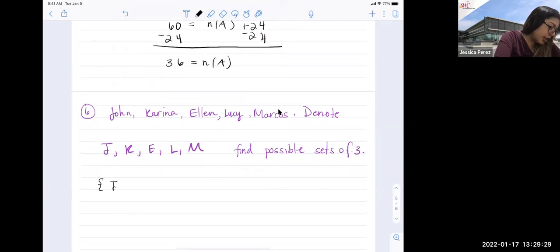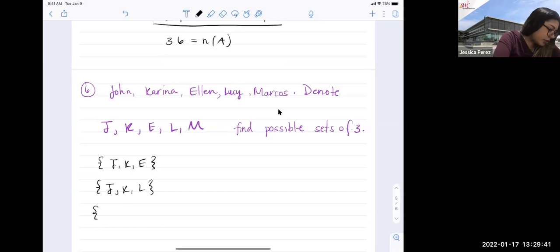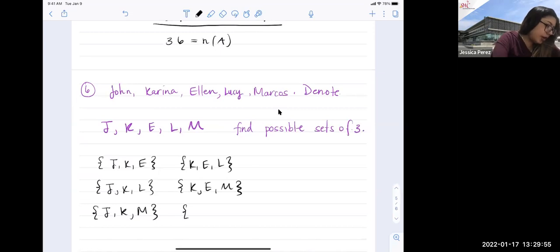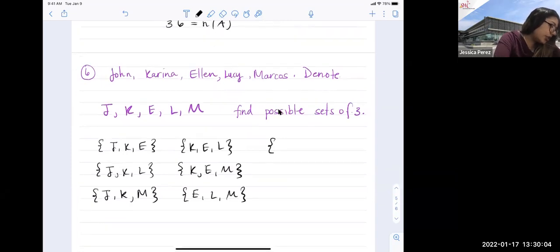I can either do J, K, and E. I could do J, K, and L. I could do J, K, and M. Then I could do K, E, L, K, E, M. And then I move on to E, L, M. And then I could do J, K, E, J, K, L, J, K, M, and so on and so forth.